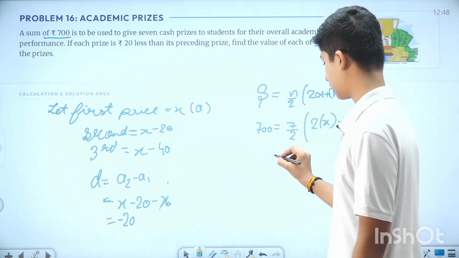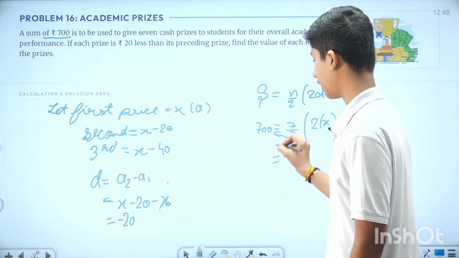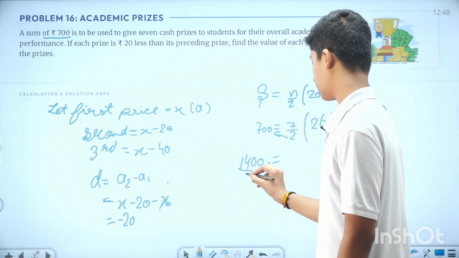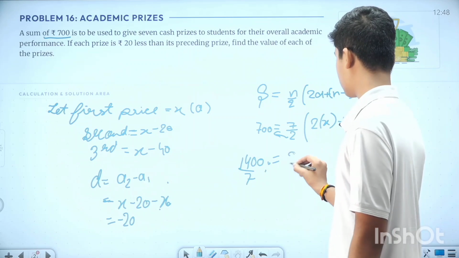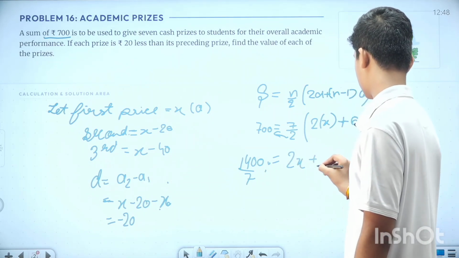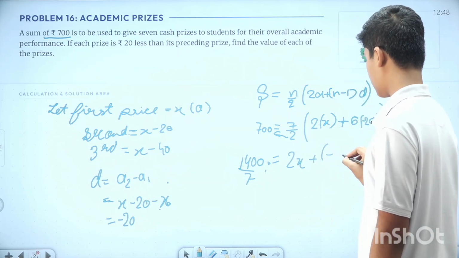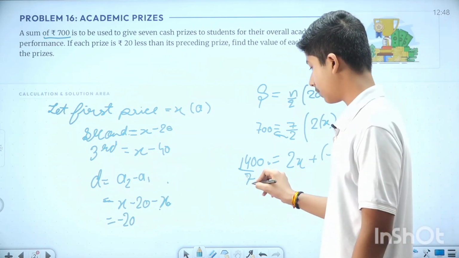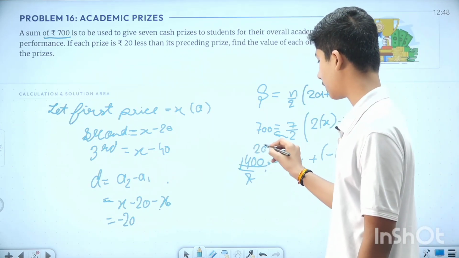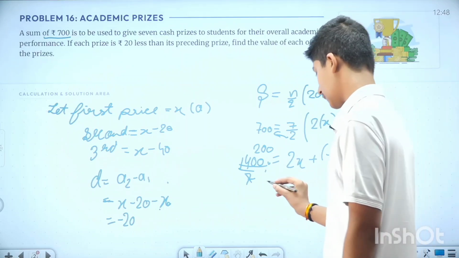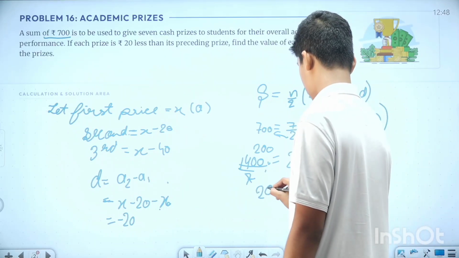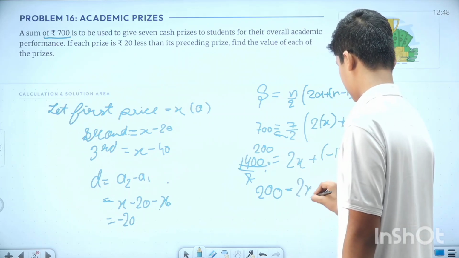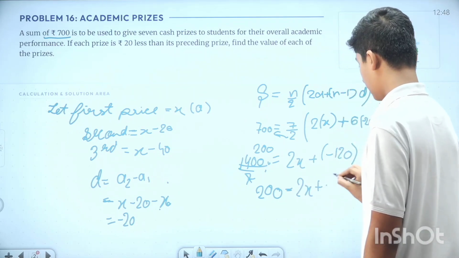When we solve this, 1400 upon 7 equal to 2X plus minus 120. Now 7 will go by 200. 200 equal to 2X plus minus 120.